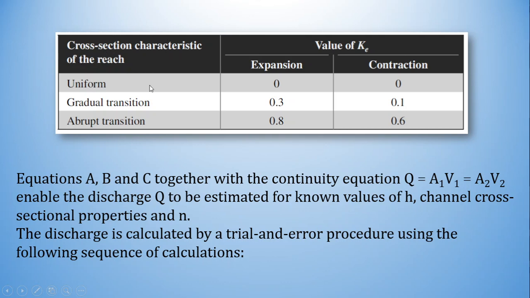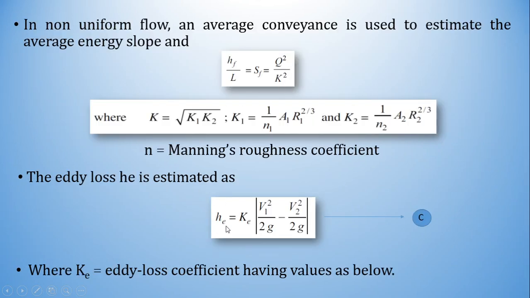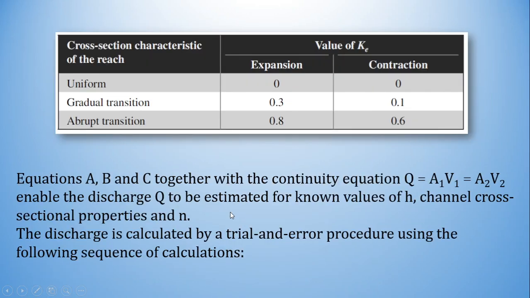If there is no change in the cross section from section 1 to section 2, that means the section is uniform, with no expansion and no contraction, then the value of K suffix E will be 0, and ultimately the eddy loss will also be 0.